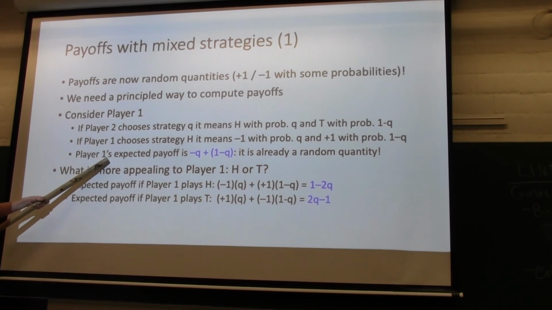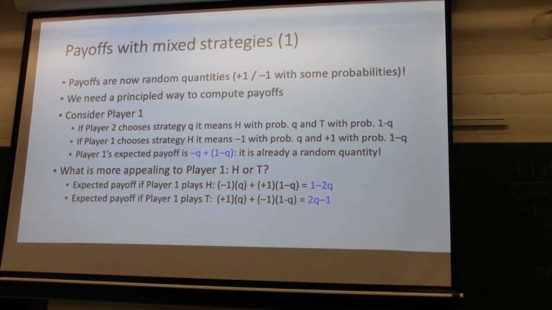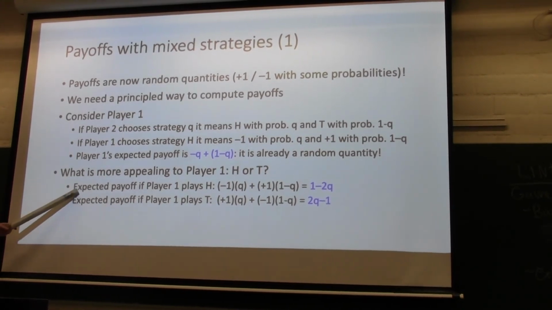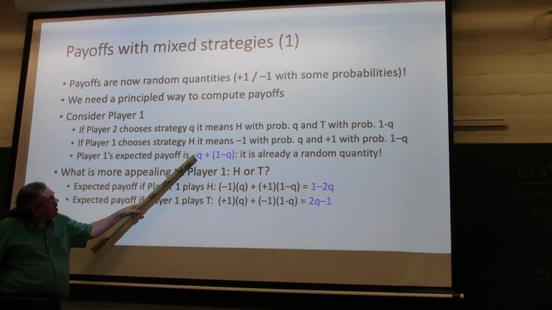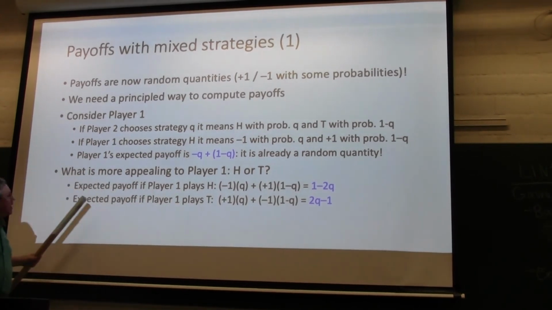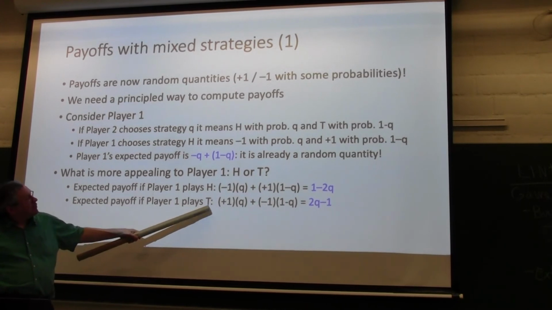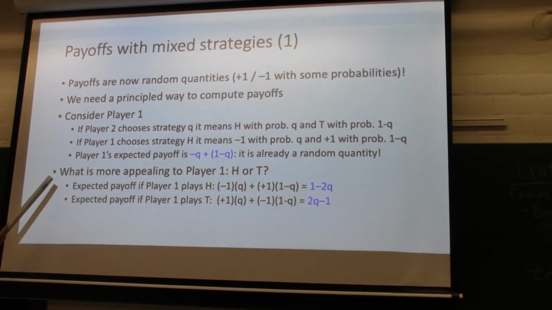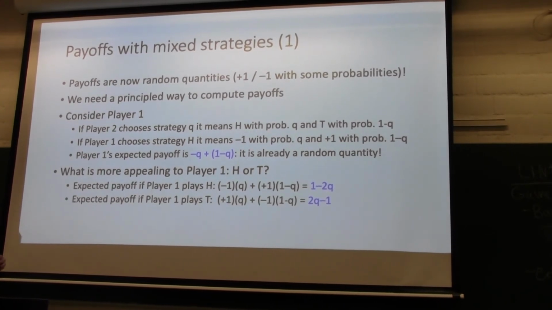So this is expected on average. It's not something for a single game, it's if you have many instances of the game. But if player 1 plays T, the expected payoff is 2Q minus 1. So you either have 1 minus 2Q or 2Q minus 1.